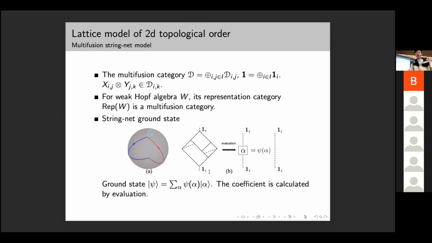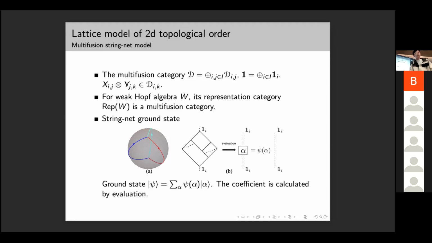And this is what I have stressed about the multifusion structure. For the multifusion structure, we show that there is a grading structure between these different components. If an object x_ij is in the D_ij component, it can only fuse with the object in Y_jk.